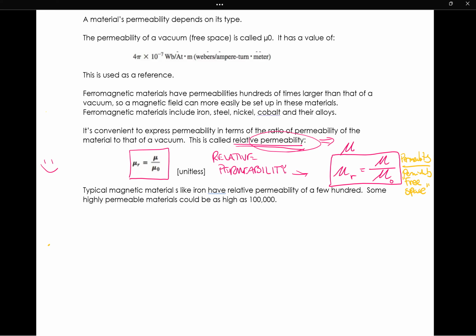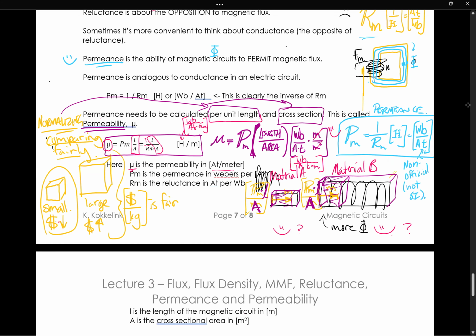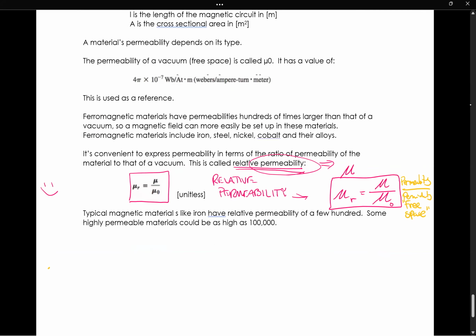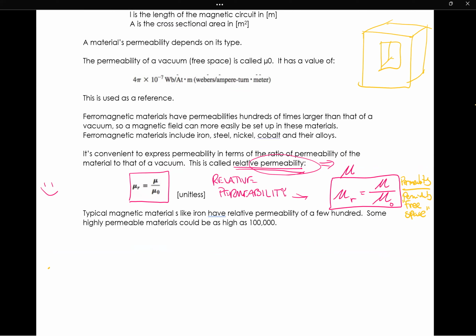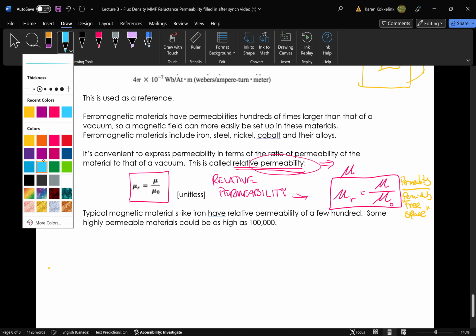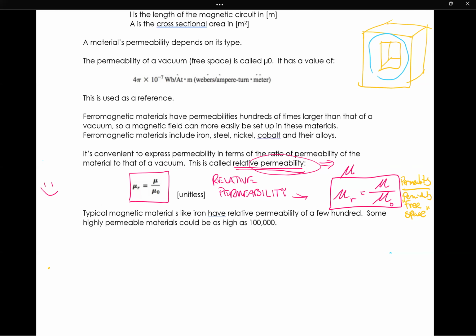So we have to know that permeability is how permeable this material is, how permissible it is for these lines of flux to be established inside this magnetic circuit.